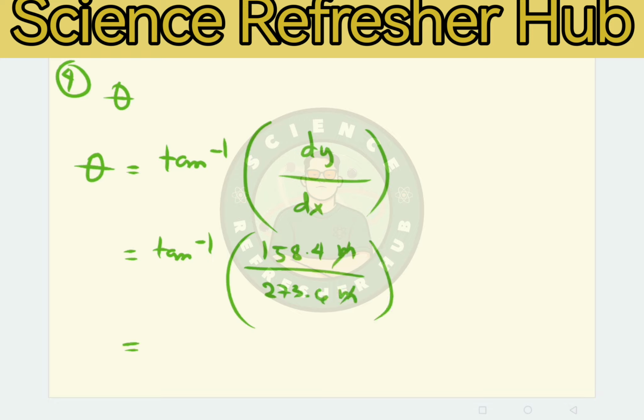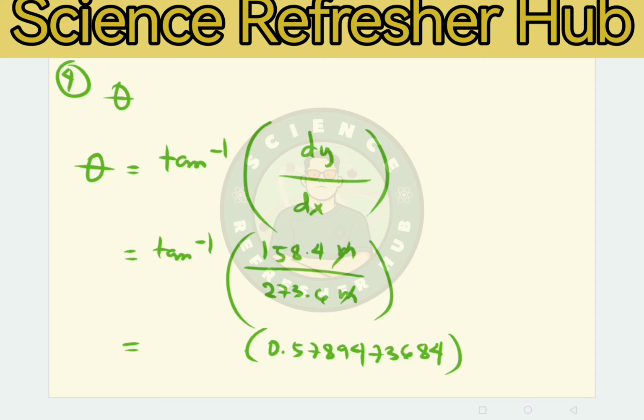We can cancel the units here. Let's have the quotient of 158.4 divided by 273.6. The quotient is 0.57894 and we will get the inverse tan of that using our calculator.